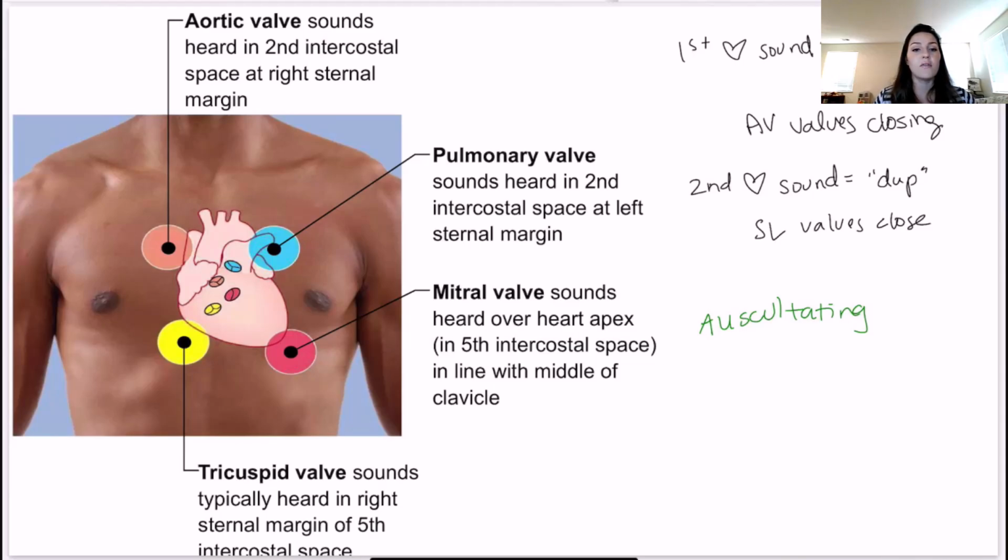If our valves aren't working properly, then our heart sounds won't sound like lub-dub. They'll sound a little bit different. So for example, a heart murmur is one of those abnormal heart sounds, and murmur is like mumbling. That's what the word murmur means in English.